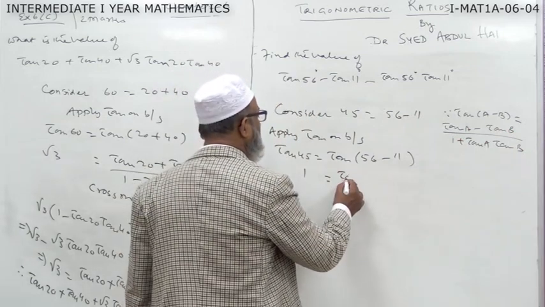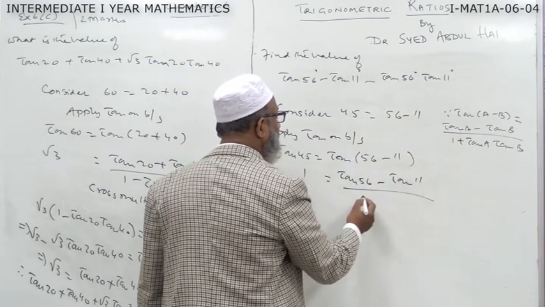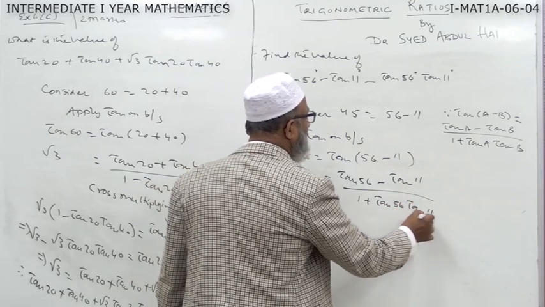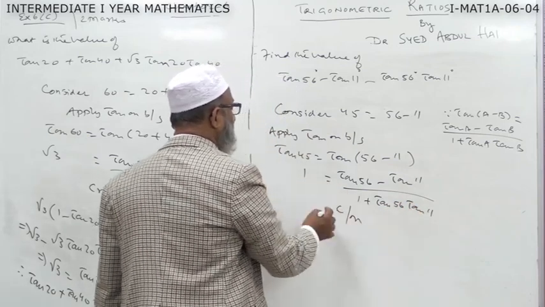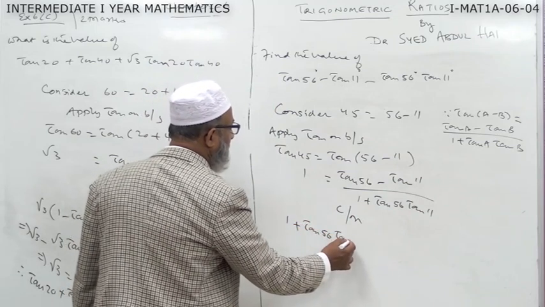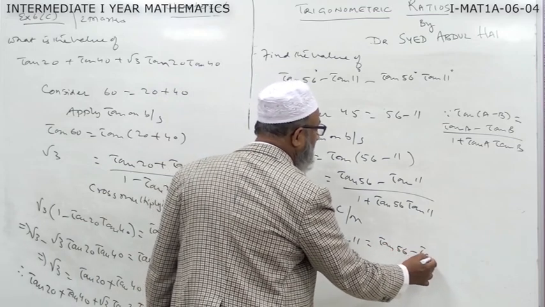Tan A minus tan B divided by 1 plus tan A into tan B. Cross multiply. This is 1 plus tan 56 tan 11 is equal to tan 56 minus tan 11.